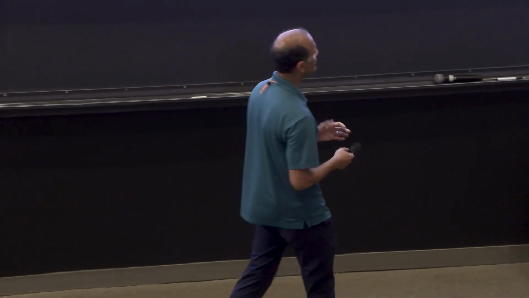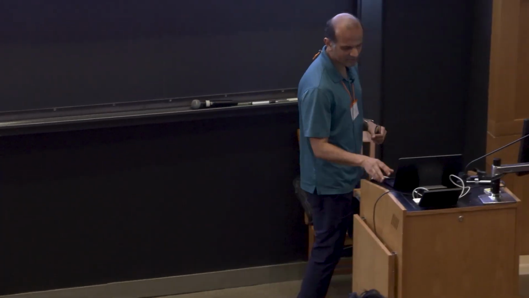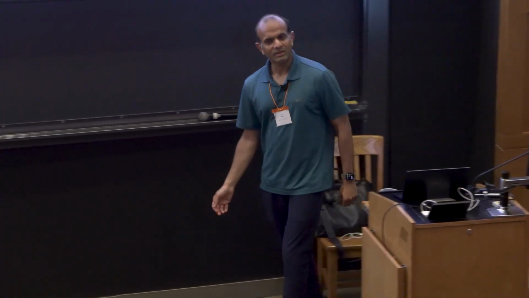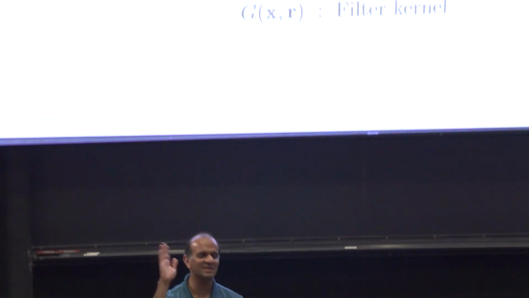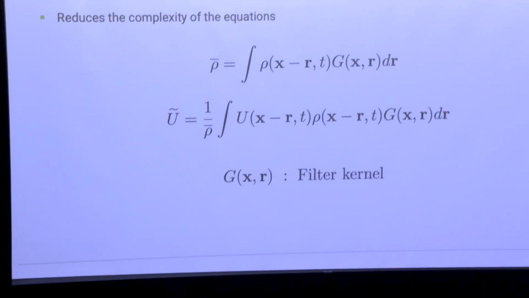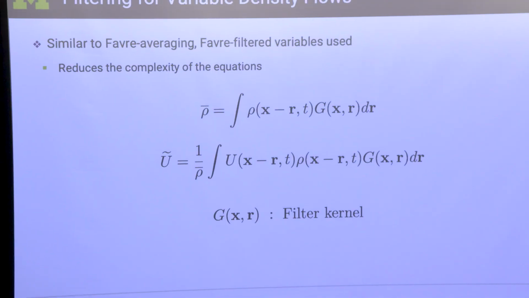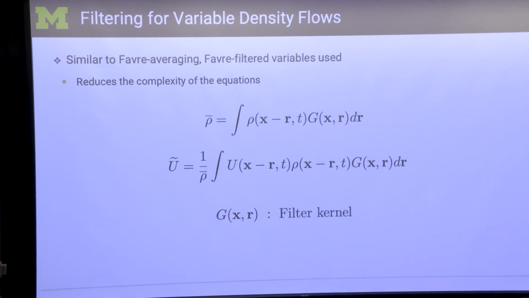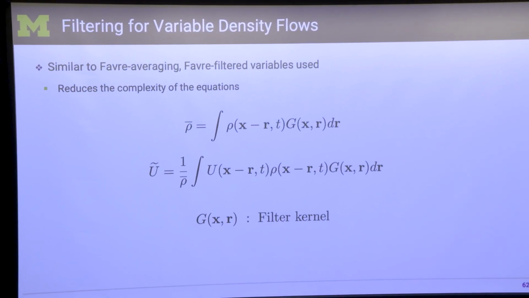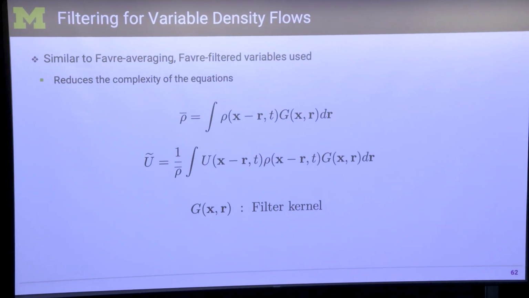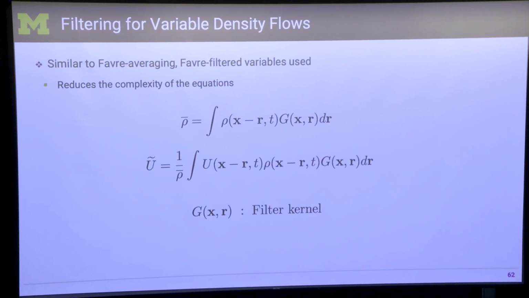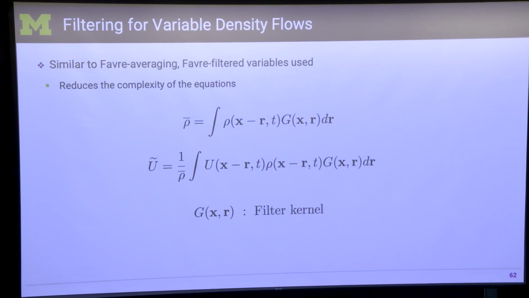This becomes a bigger issue when you have combustion on top of this. But we will proceed as if that doesn't exist, because that's what we do in LES. We always ignore all these problems, and we just keep pushing, right? So this is when the density actually changes. So you now have a variable density flow. Now you need rho, the density, and you filter the density, you get rho bar.